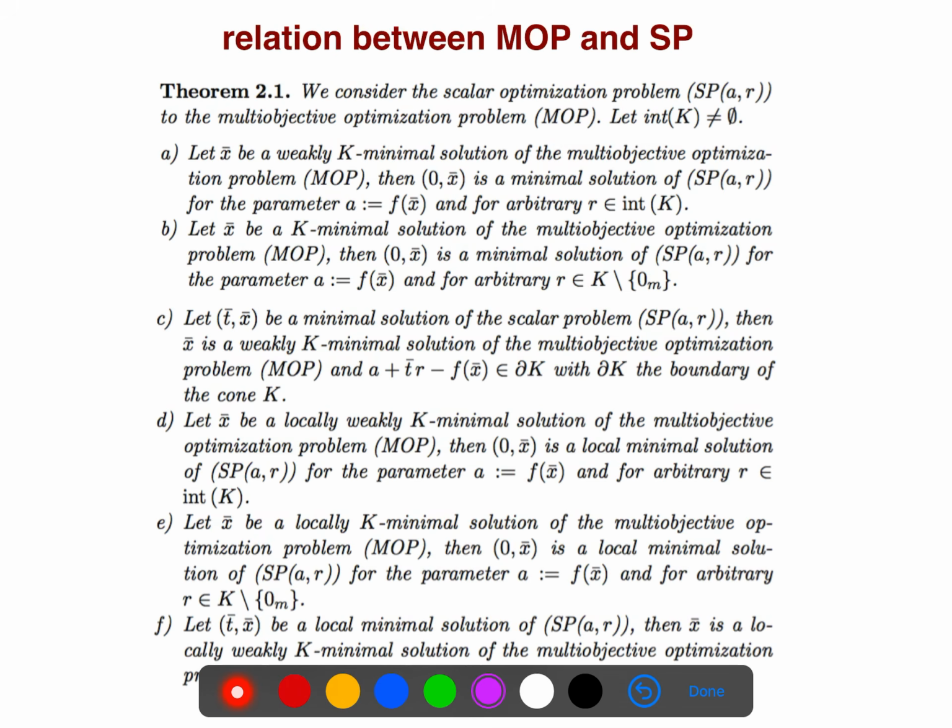So the relationship is obvious in this theorem, especially this one: if x bar is a weakly K-minimal solution of the multi-objective problem, then putting t equal to 0 and x equal to x bar gives a minimal solution of the Pascoletti Serafini problem.